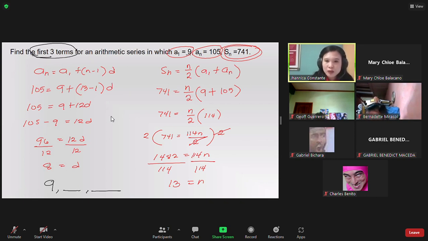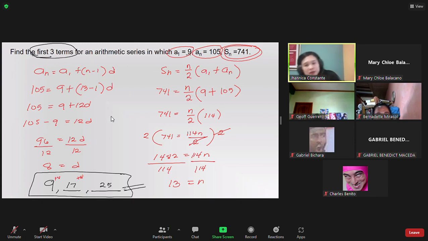Using our common difference, 9 plus 8, the second term in our sequence is 17. 17 plus 8, the third term in our sequence is 25. So we have these three terms in our sequence. So yan ang hinahanap natin in this problem.